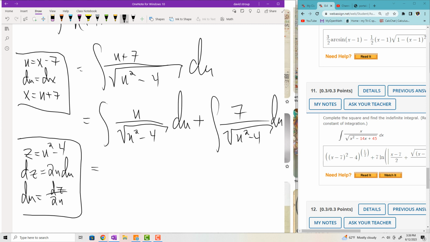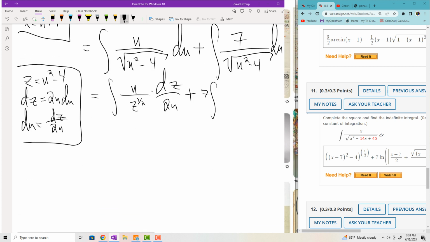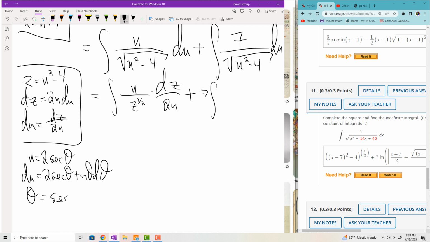Okay, but anyways, you get rid of the first guy. So it'd be u all over z to the 1/2 times dz over 2u, and then plus this other thing. You can factor out the 7 if you want. On the second integral, you're going to have to say, all right, let's let u equal 2 secant theta, and then du will be 2 secant theta tan theta d theta, and then your theta would be secant inverse of u all over 2, and then you go to your triangle.